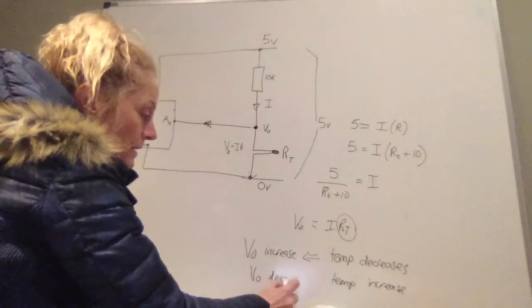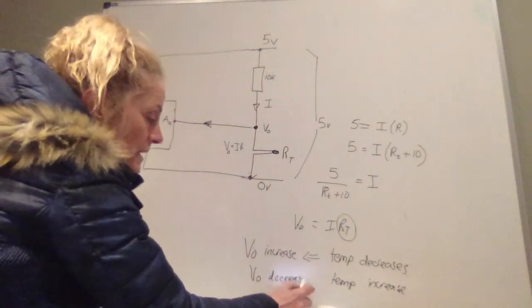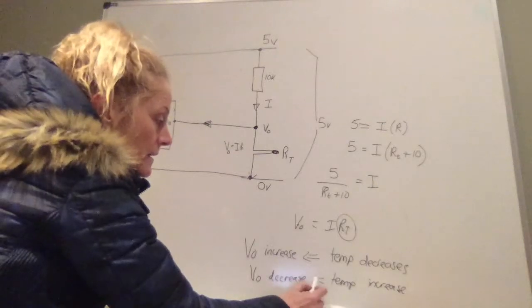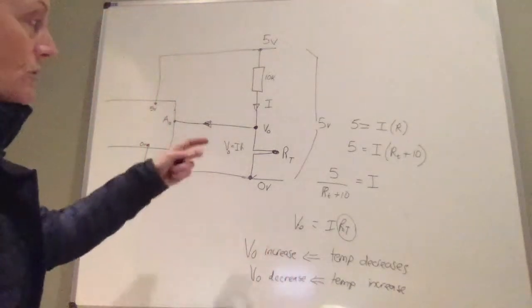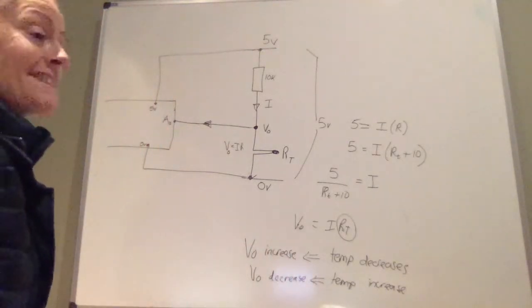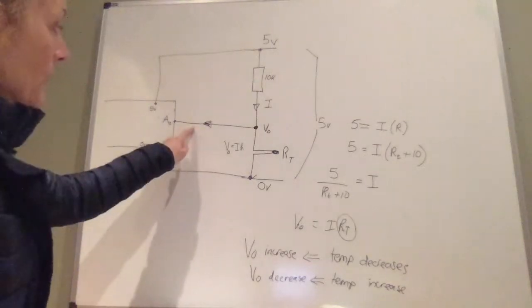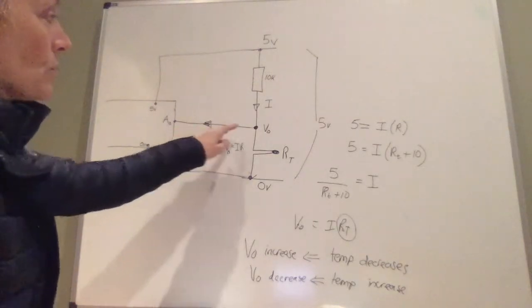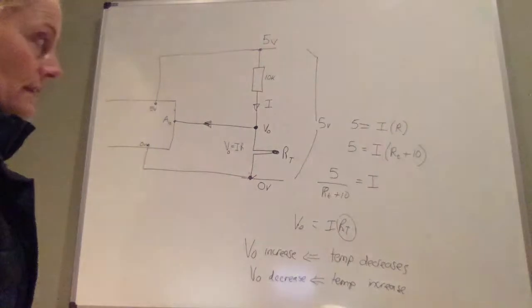So one important thing I would like you to remember is that an increase in temperature is going to give you a voltage that will decrease here, and a decrease in temperature will cause this voltage to increase.